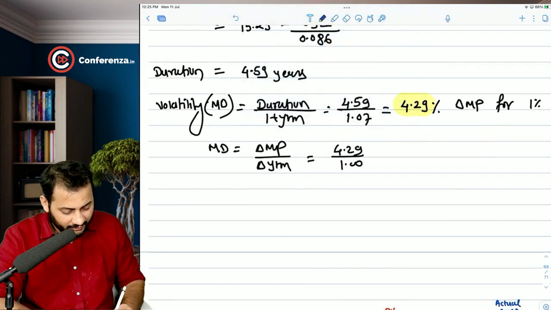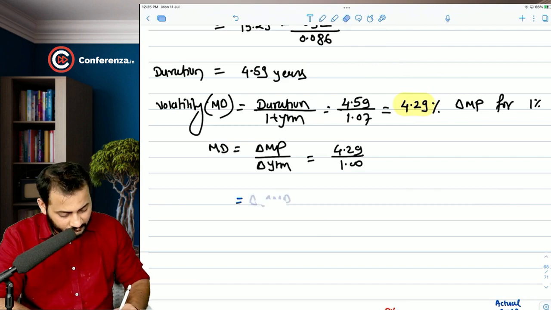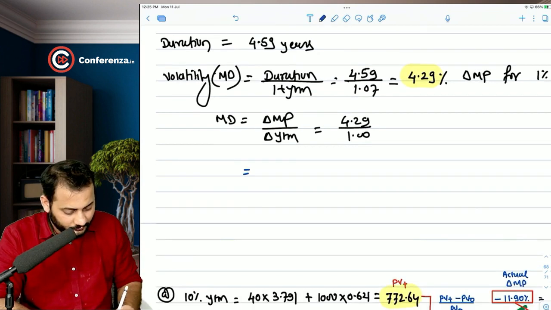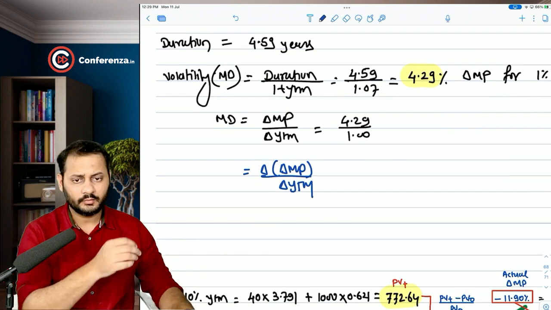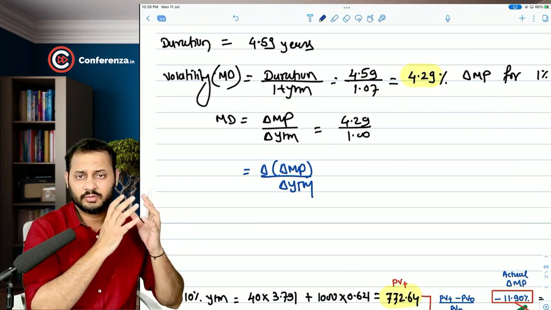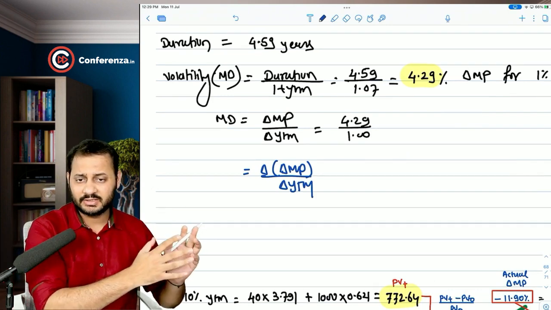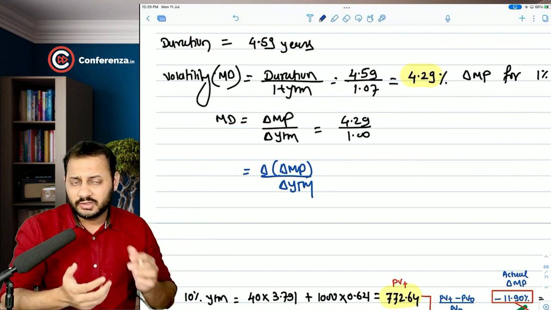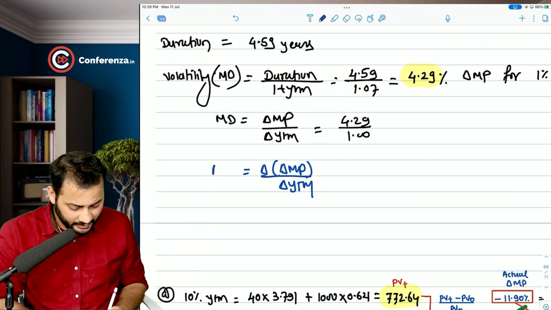What if I rewrite this formula as change in market price divided by change in YTM?